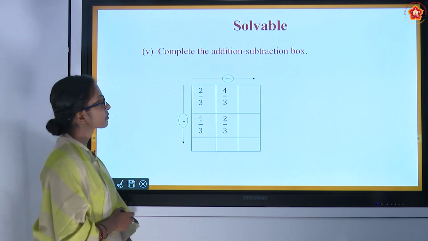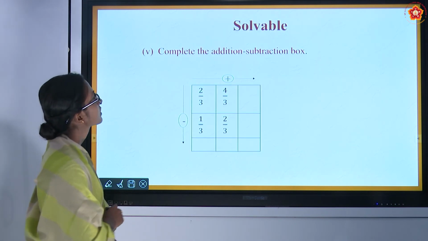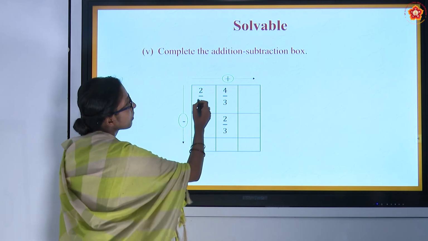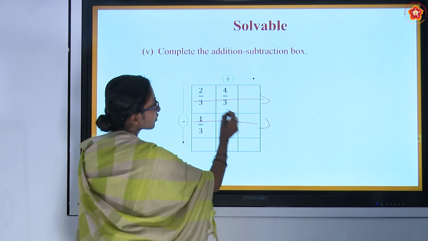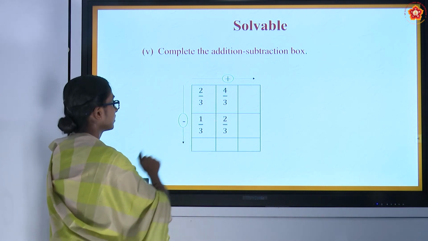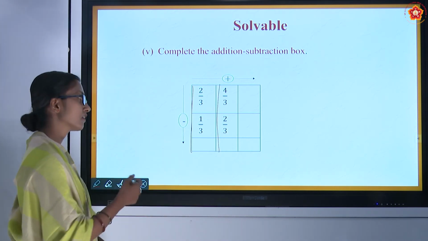Complete the addition subtraction box. See, this arrow means in the row form you are going to add and in the column form you are going to subtract the fractions.